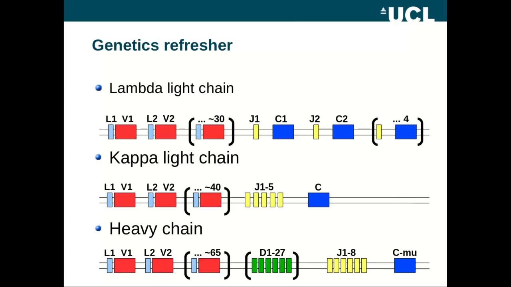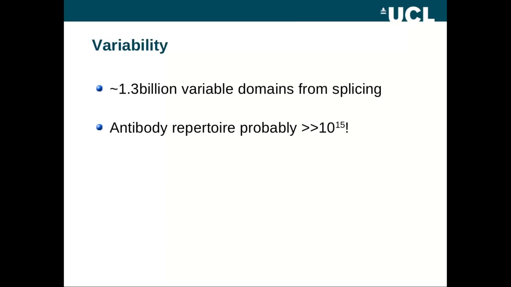On top of that, you have somatic hypermutation that introduces additional mutations, and there's evidence that that occurs preferentially in these CDR loops that form the binding site. So we have this huge amount of variability. From that simple domain splicing, we have about 1.3 billion different sequences and structures that we can produce. But when you take into account the somatic hypermutation as well, we probably have a complete repertoire of more than 10 to the 15.